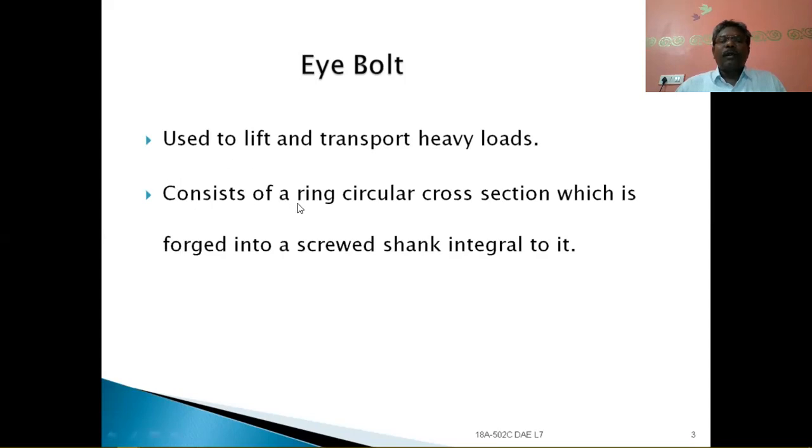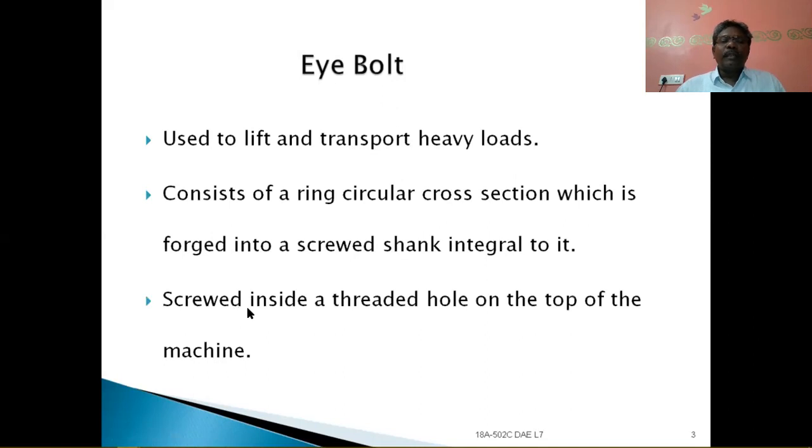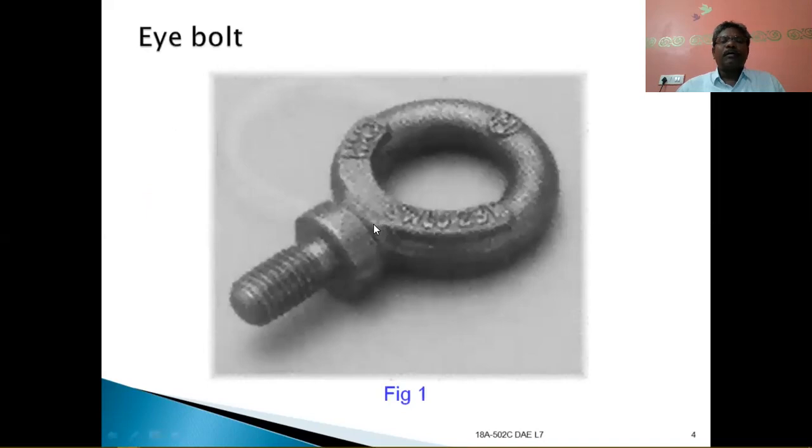It consists of a ring of circular cross section which is forged into a screwed shank integral to it, screwed inside a threaded hole on the top of the machine. So this is the model of an eye bolt. This is the round shape, and there is a screw which is going to fit within the machine to be lifted.